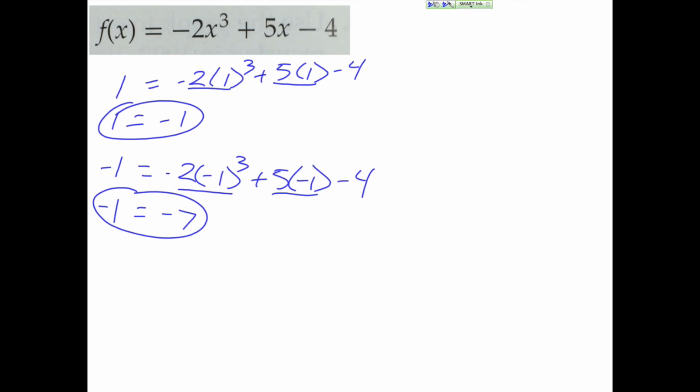There are three types of symmetry: x-axis, y-axis, and origin. How do you determine x-axis symmetry? Plug in opposite y's. How do you determine y-axis symmetry? Opposite x's. And origin? Both. Then if a function's even or odd, even means it is symmetrical to the y-axis, and odd means it's symmetrical to the origin. Excellent.